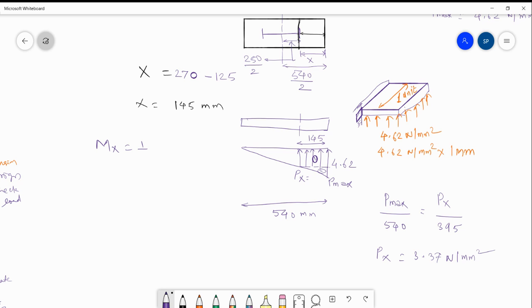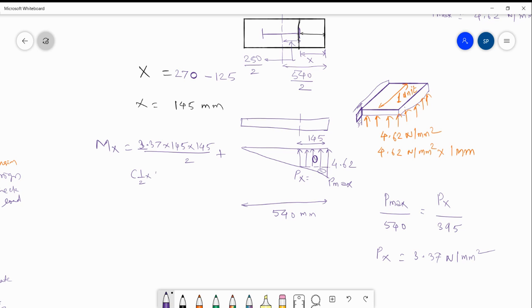So Mx equal to 3.37 multiplied by 145 into 145 divided by 2. So similar to UDL, this expression will be there, plus because of the triangular portion. So first we will calculate the load.